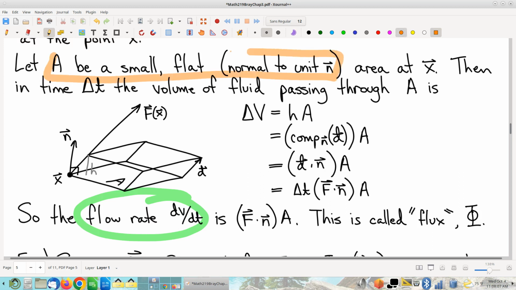And so presuming that we have some area down here, I can ask how much fluid per unit time is flowing through that area. So an example, maybe this is a screen door, and the wind's blowing. Well, how much air is actually getting into the house through that screen, for example? Does that make sense to everybody?